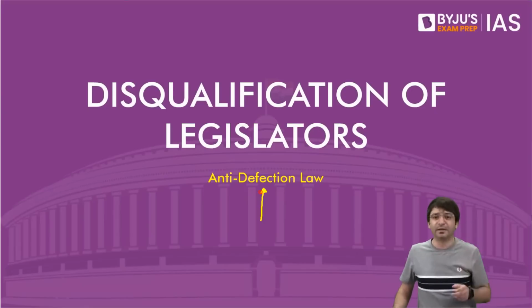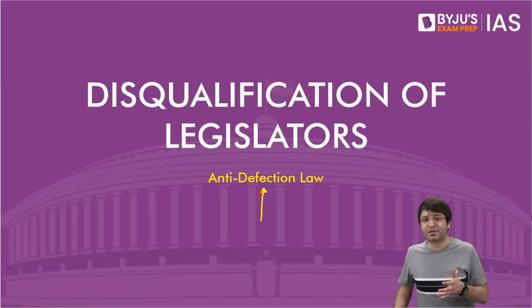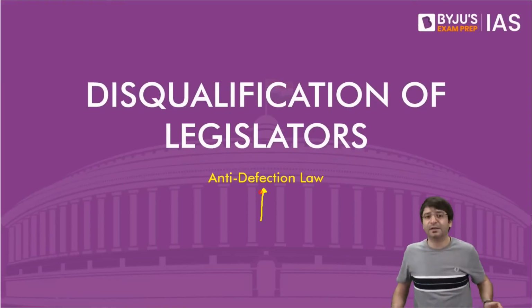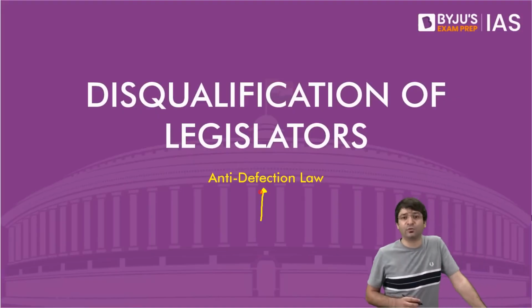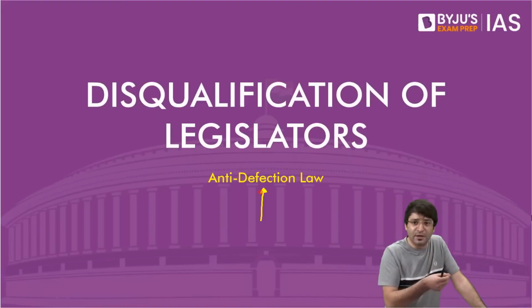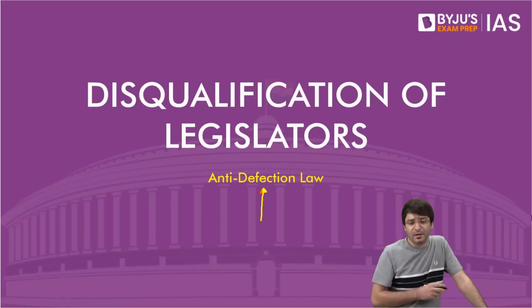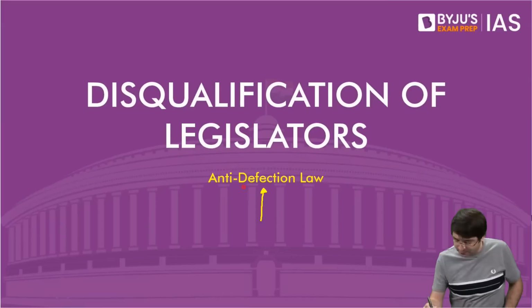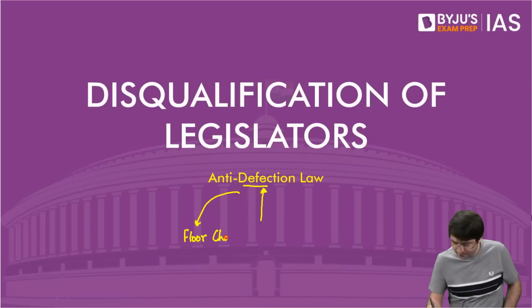And I've told you then that there are two laws which have been passed by the Parliament. One is the Representation of the People Act 1951, which we will discuss in the elections chapter, and the other is the anti-defection law. Under this law also, a legislator can be disqualified. But what is this defection? Floor changing, party hopping.